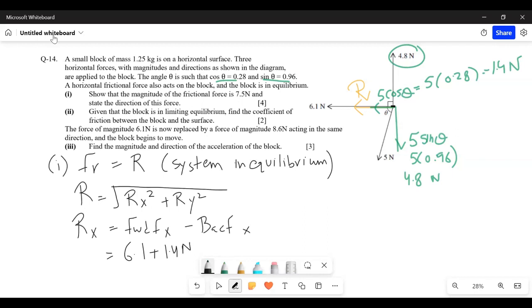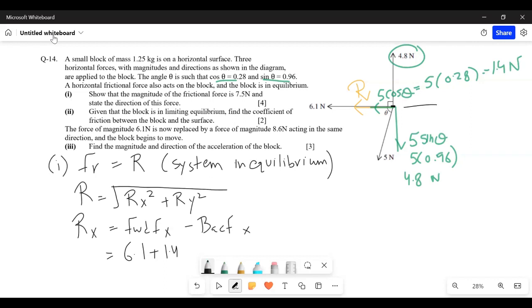ये forward forces हो गई in X direction और backward force यहाँ कोई भी नहीं है. इधर कोई backward force नहीं है क्योंकि the three components of forces that we see उनमें कोई भी backward component नहीं आ रहा.